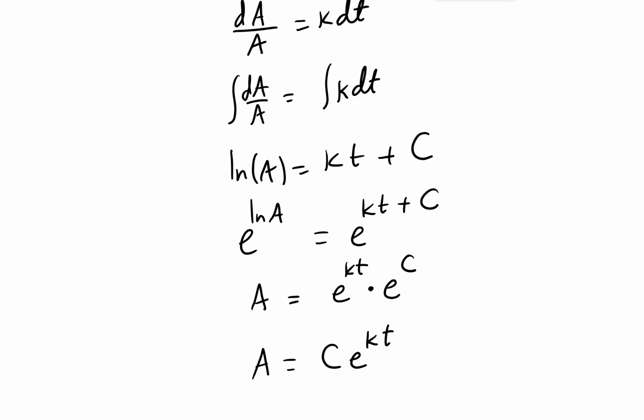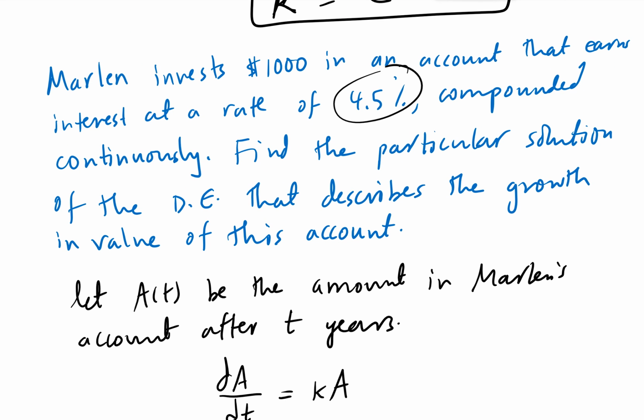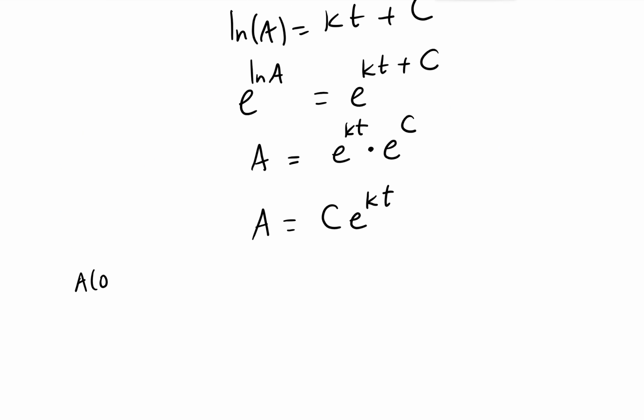How do you find the particular solution? Well, let's see what they give us. If we read through this, they give us the rate, that's k. So k is given, 0.045. The initial amount that she started with, so A of 0 is $1,000. So let's put that in.